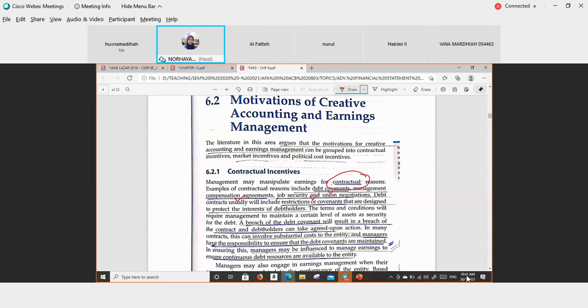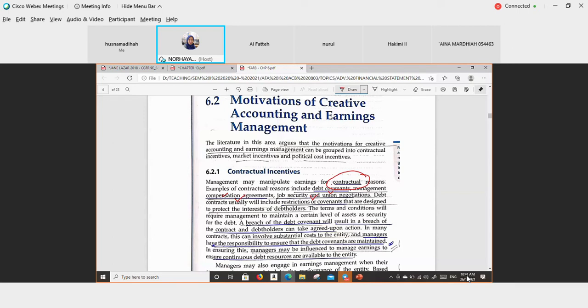Contohnya debt covenant, katakanlah untuk didapatkan loan contohnya. In order for you to convince the bankers, dia akan tunjukkan income yang tinggi kan, betul tak? Management compensation, katakanlah dapat bonus yang tinggi, mesti tunjuk income yang tinggi kan?